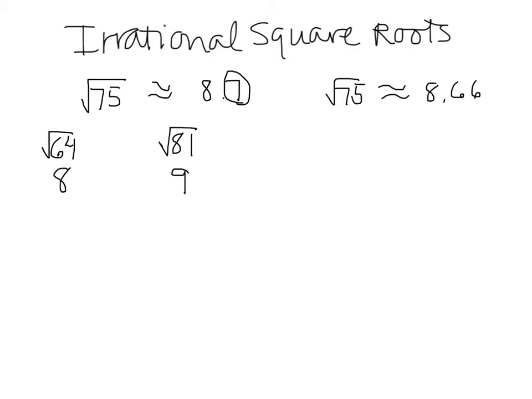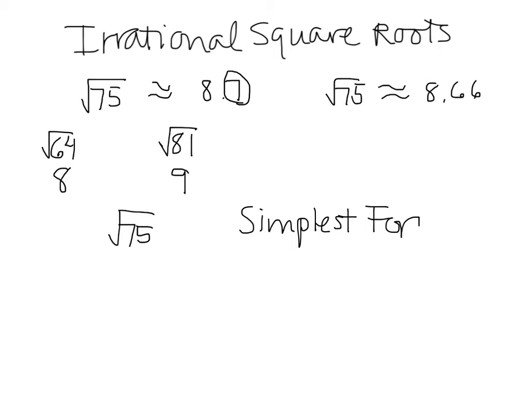There's also in the world of mathematics a whole way of working with radicals. Another way of thinking about the square root of 75 is to think about what we call simplest radical form.